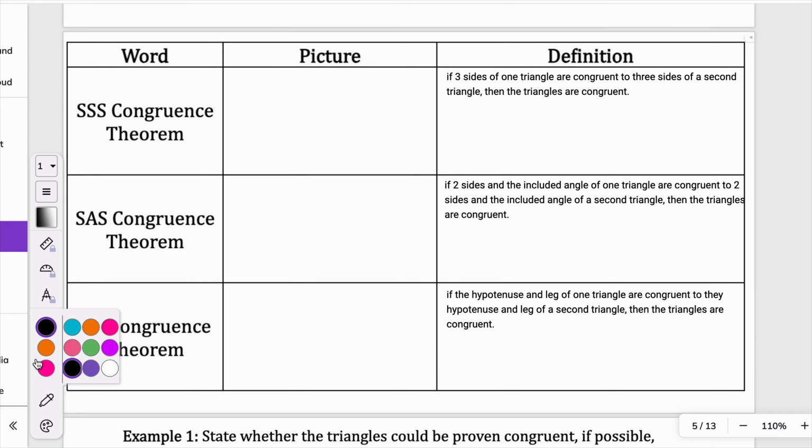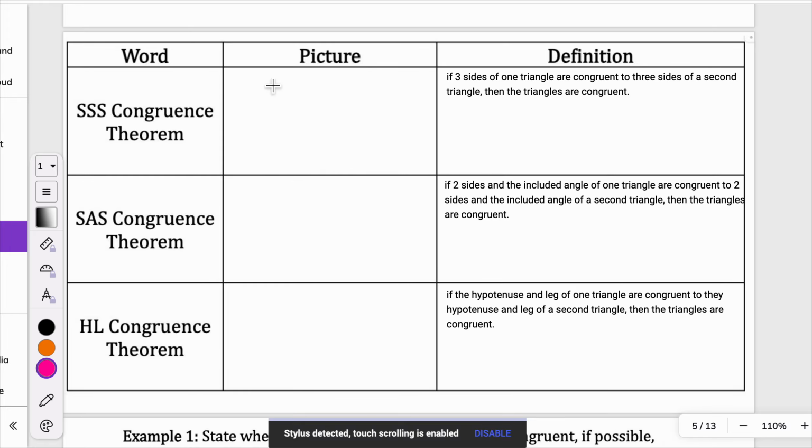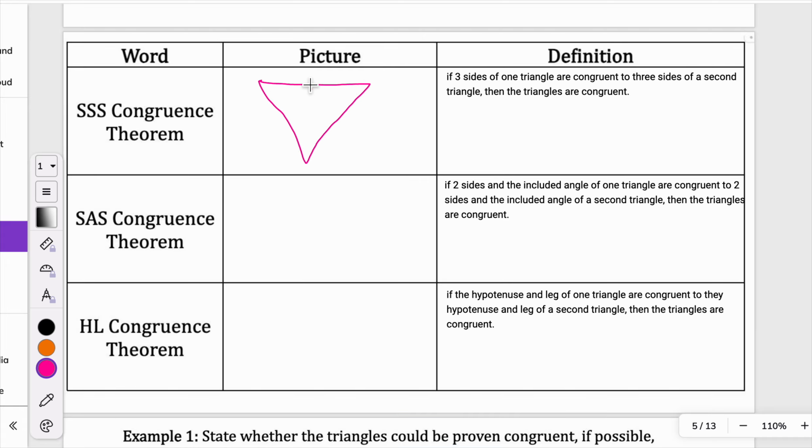So for side, side, side, I'll draw two triangles together here. And again, you're just going to have to pretend that my drawing is perfect. Let's say Q, we'll have this point be T, S, and then R. We would say QR is congruent to SR, and QT is congruent to ST. And then we can say that TR is congruent to TR using the reflexive property.